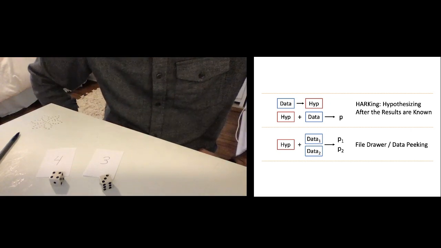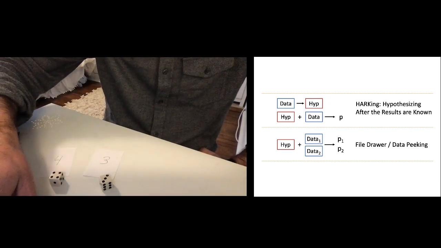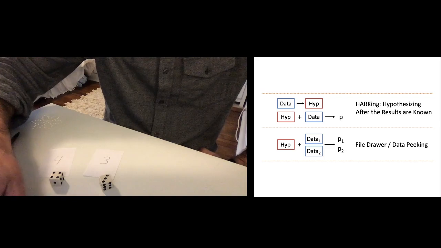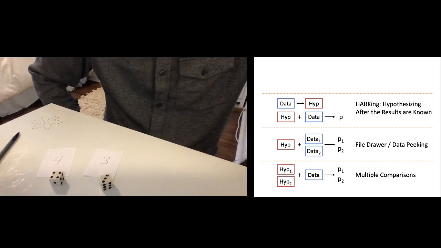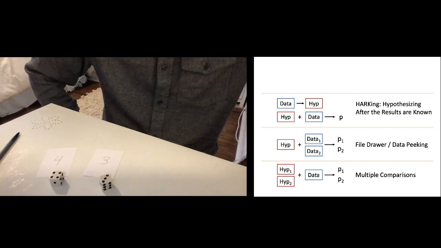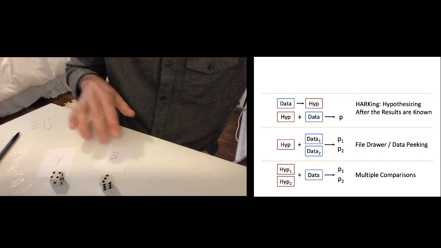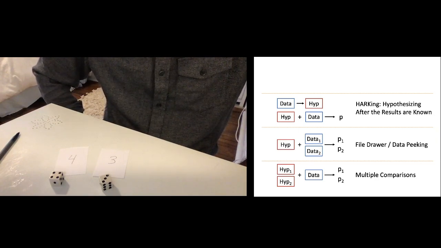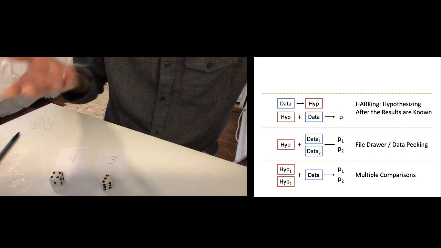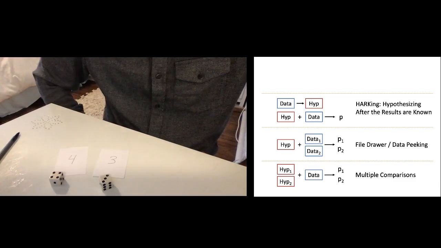So this is actually the most common kind of cheating, which is referred to as a multiple comparisons problem, which is that we do have just one data set, which is good, but we have lots of hypotheses, and we're testing lots of hypotheses on this data, and then it turns out that some of them look really good and are a good match. And that's also not a valid way to get a p-value, and so a lot of the class today I'll be talking about how to deal with this issue.